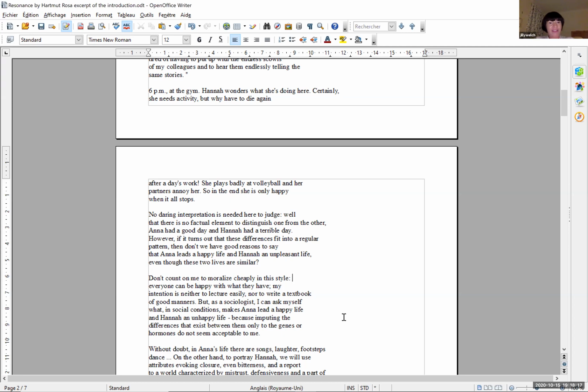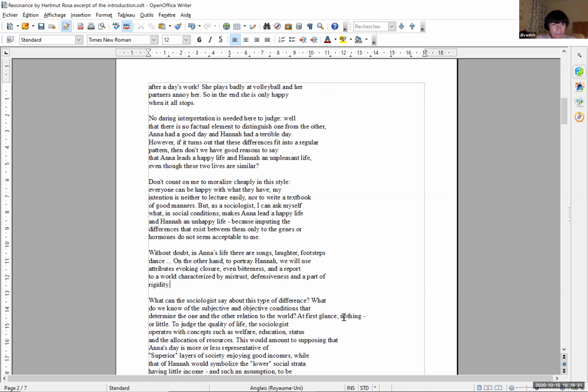Imputing the differences that exist between them only to genes or hormones does not seem acceptable to me. Without doubt, in Anna's life there are songs, laughter, footsteps, dance. On the other hand, to portray Hannah, we will use attributes evoking closure, even bitterness, and a relation to a world characterized by mistrust, defensiveness, and a part of rigidity.